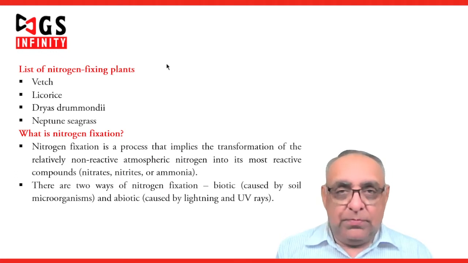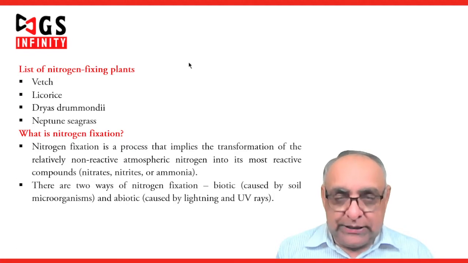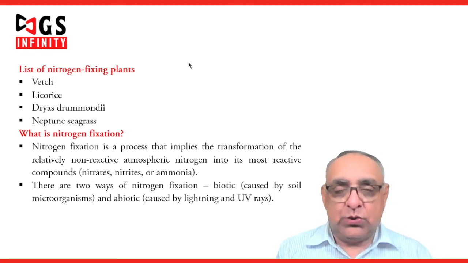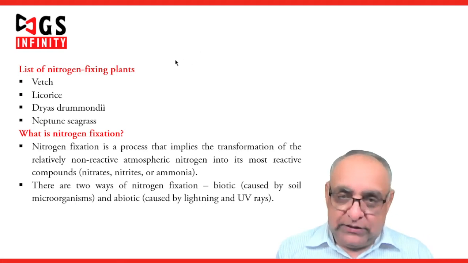Therefore, environmental nitrogen has to be transformed into nitrites, nitrates or ammonia to make it useful for the plants. And that process of transformation of nitrogen into nitrite, nitrate or ammonia to make it useful for the plants is known as nitrogen fixation.